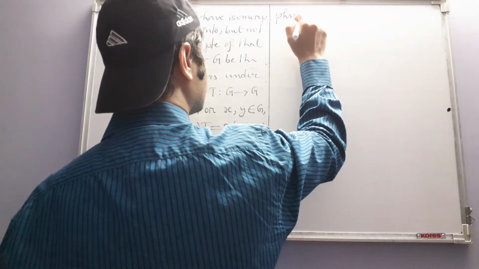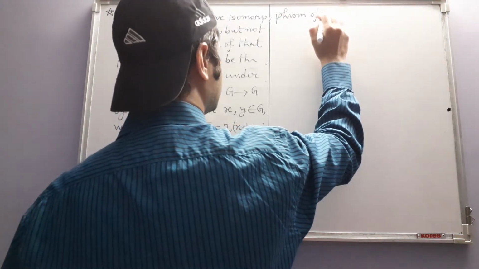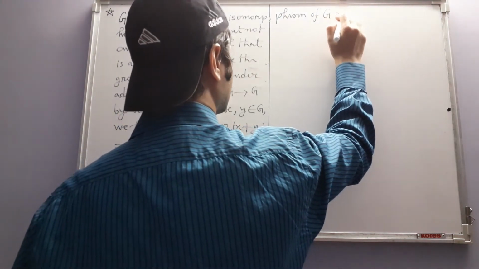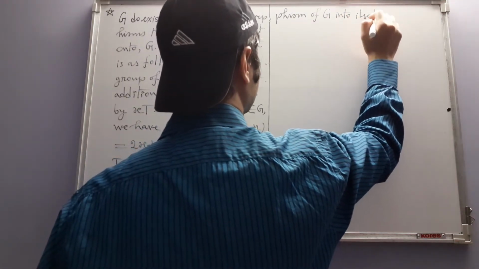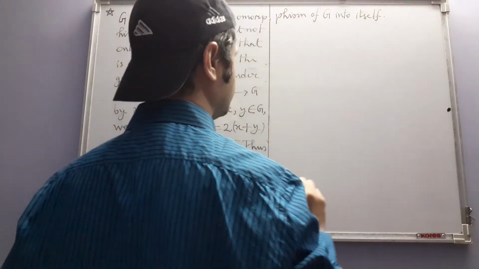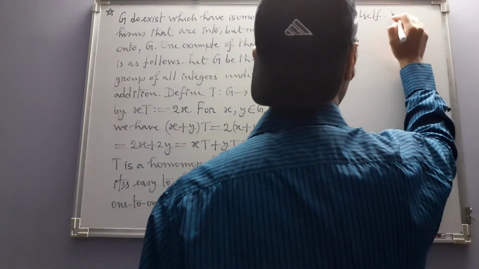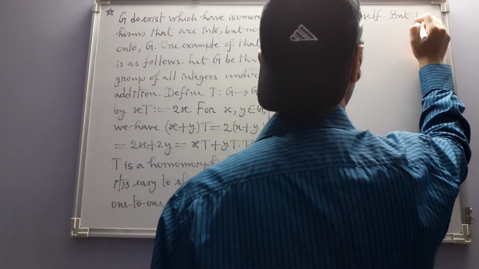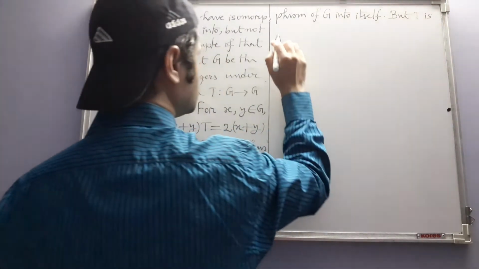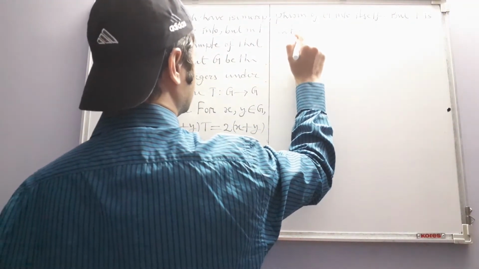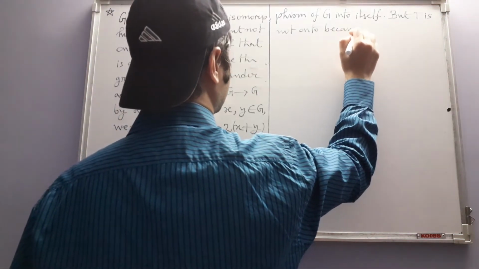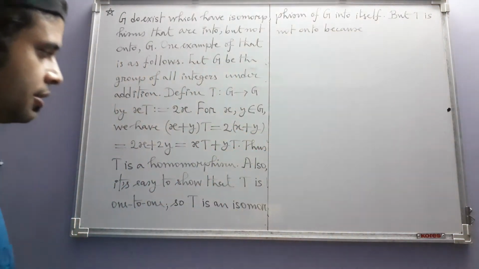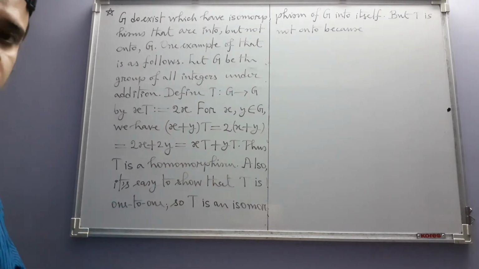of the group of integers into itself, but T is not onto because the images under T are all even integers, so odd integers are left out.